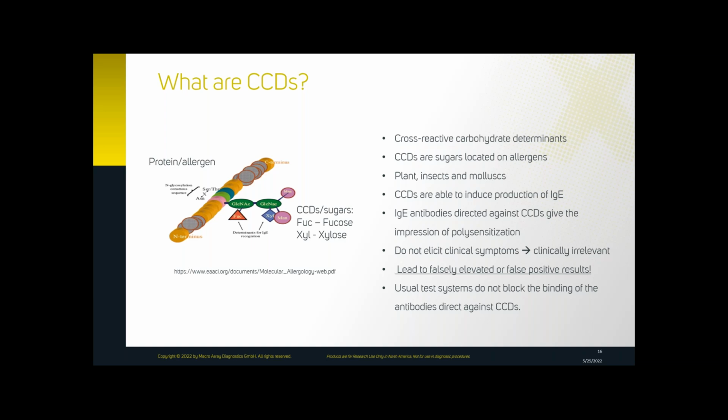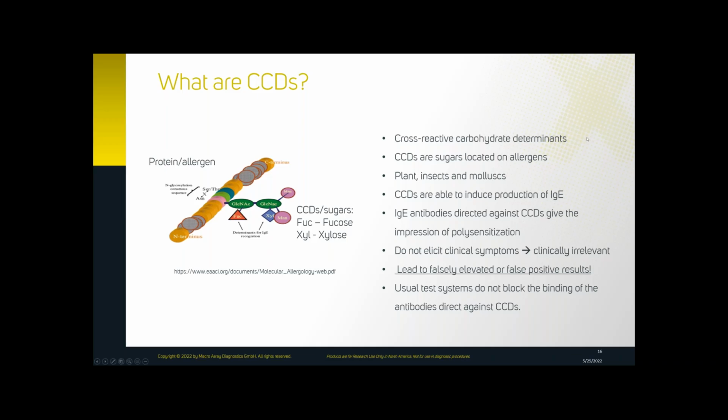In serum-based allergy diagnosis, antibodies directed against CCDs give the impression of a polysensitization. However, these anti-CCD IgEs do not seem to elicit any clinical symptoms, and diagnostic results caused by those CCDs are therefore regarded as falsely elevated or false positive.